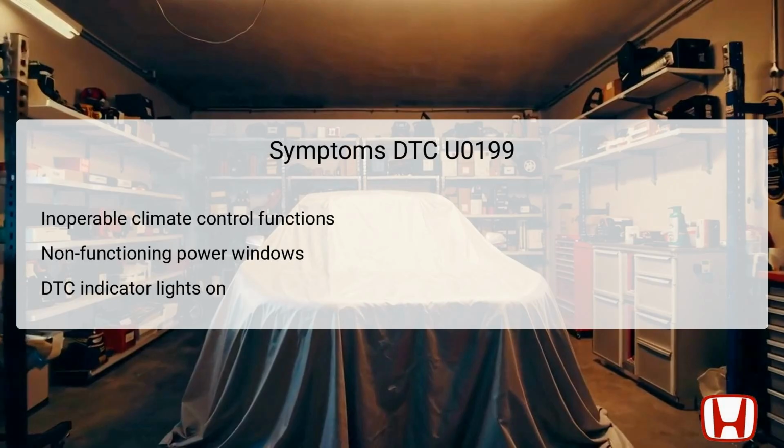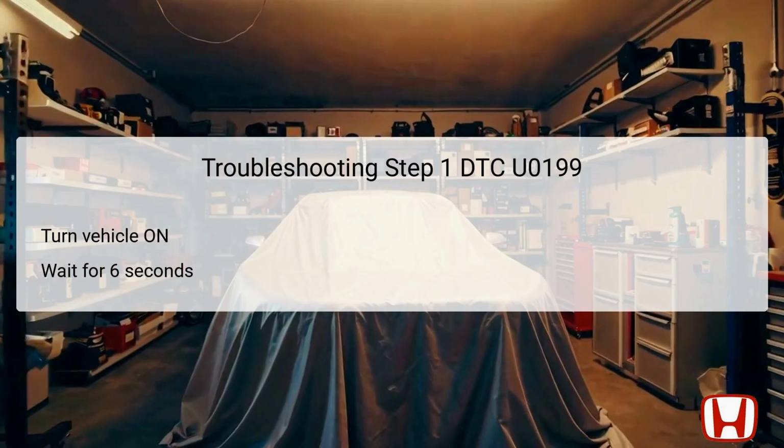The first troubleshooting step for addressing DTC U0199 begins with turning the vehicle ignition to the on position. This process energizes the vehicle's electrical systems, including the climate control unit and power window master switch. Once the vehicle is on, it is crucial to wait a minimum of 6 seconds.